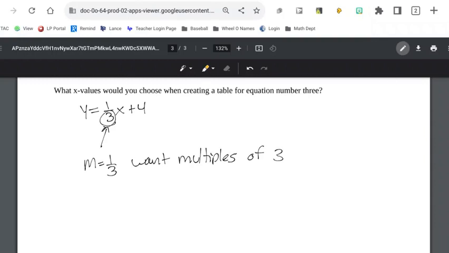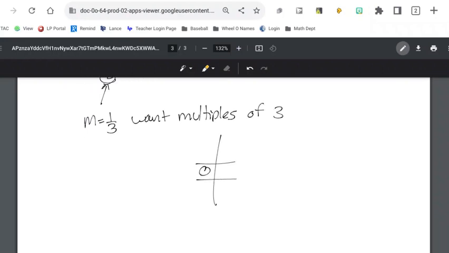So our y-intercept would be 0, and we would want two values smaller than 0, and we want multiples of 3. So we go -3, -6, and then we would want two values bigger than 0, which would be multiples of 3 again, so 3 and 6. So then those would be our x values chosen.